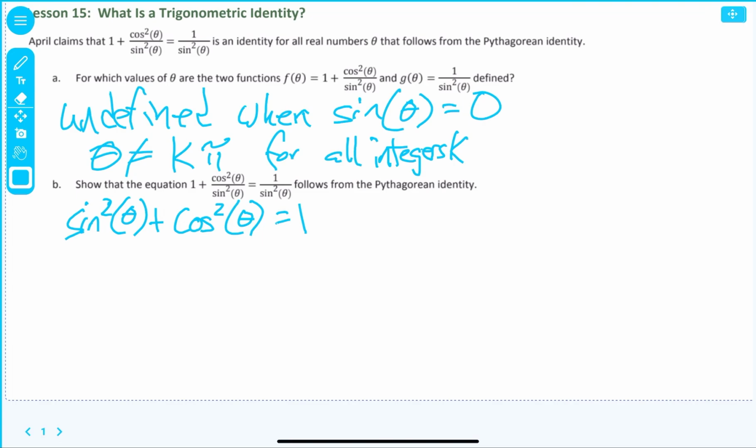Now, we've got to get sine on the bottom, right? According to that equation, we have sine in the denominator, which tells us first of all that sine cannot equal 0, so let's write that. Sine of theta cannot be 0. If it's 0, it's undefined, it doesn't work. Now, how would we get sine in the denominator here?